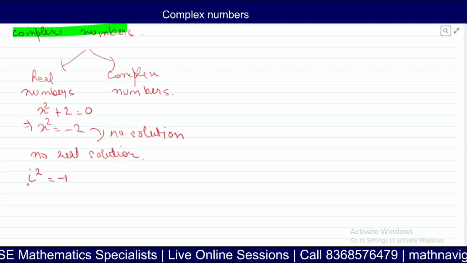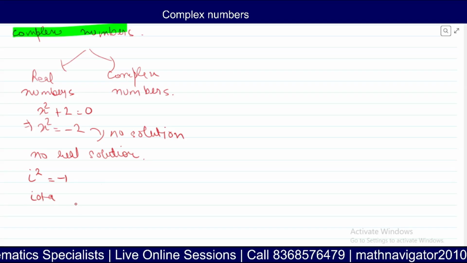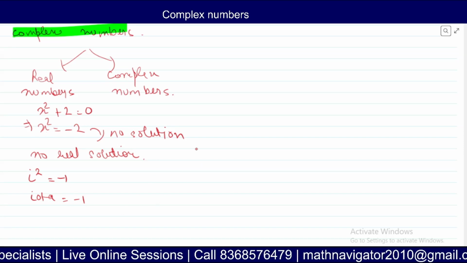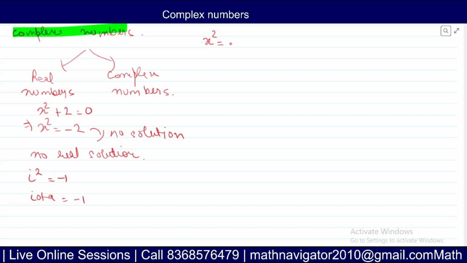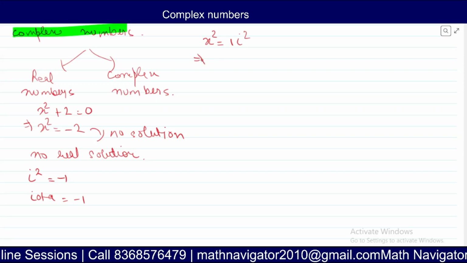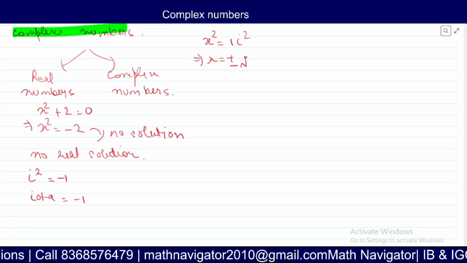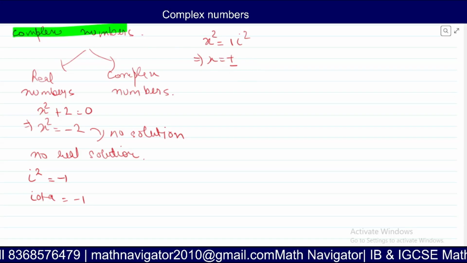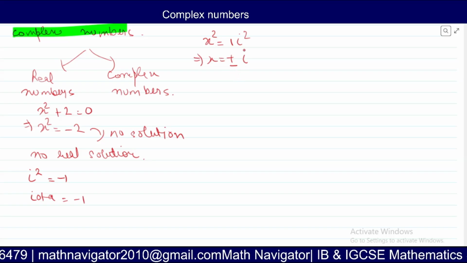This i is actually not i, it is iota, which is a Greek alphabet. This is equal to negative 1. So if I want to solve this, it becomes x squared is equal to i squared. It implies x is equal to plus minus square root of i squared, which is plus minus i. Got it? So this is what complex numbers are all about and what their use is.